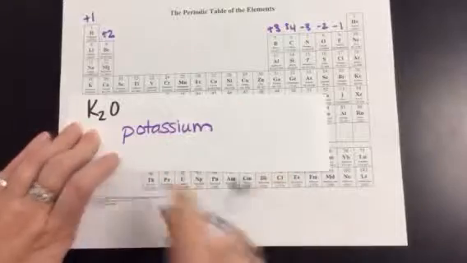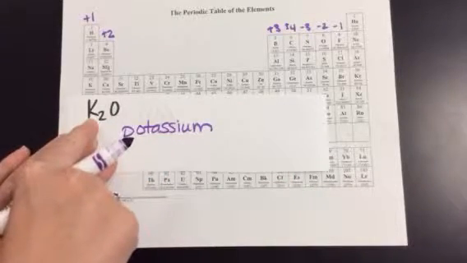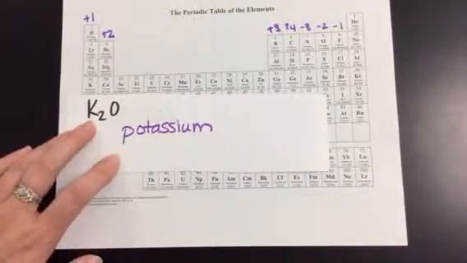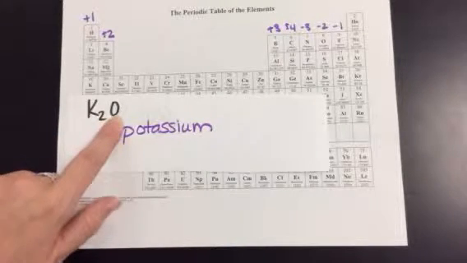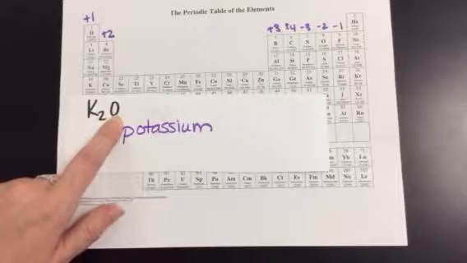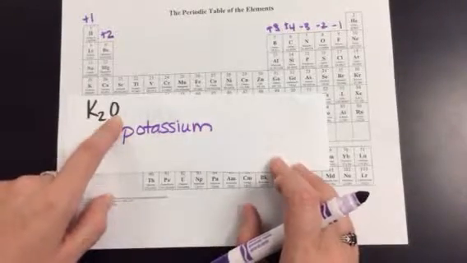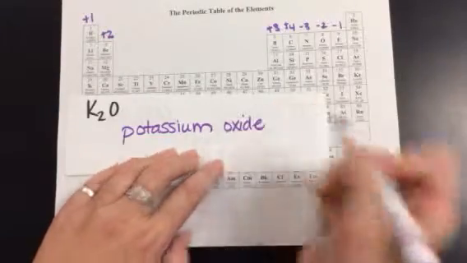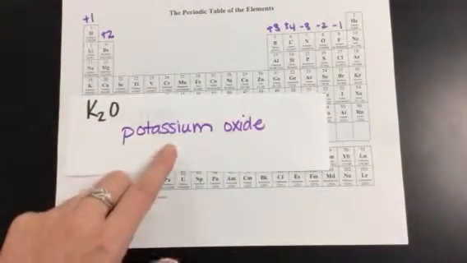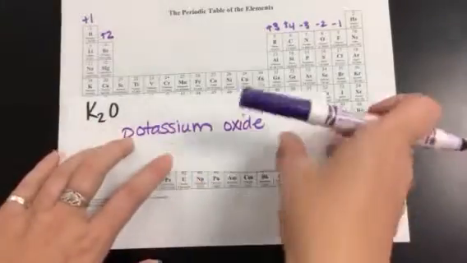Your cations always stay the same, so we're not going to change the name of that first element. The second element, you change the ending to IDE for your anion. So oxygen becomes oxide. The name of this formula is potassium oxide.